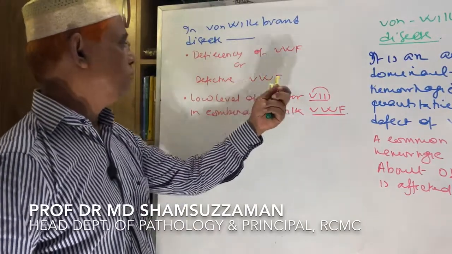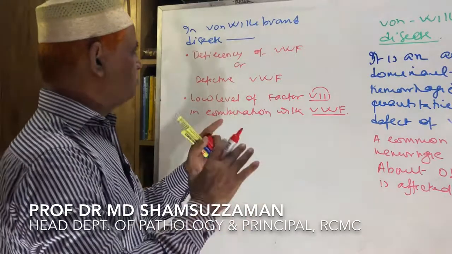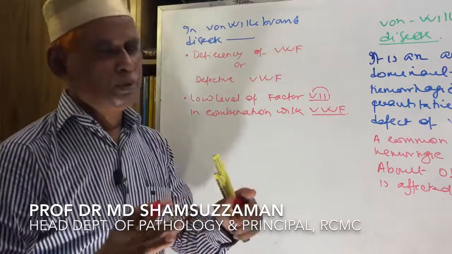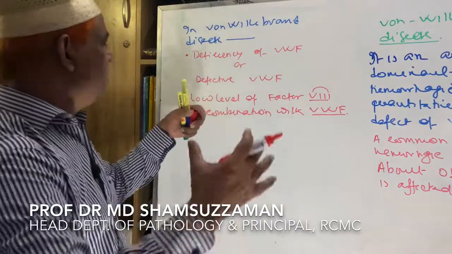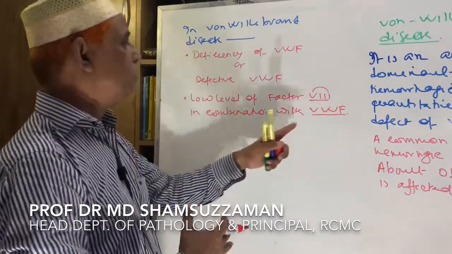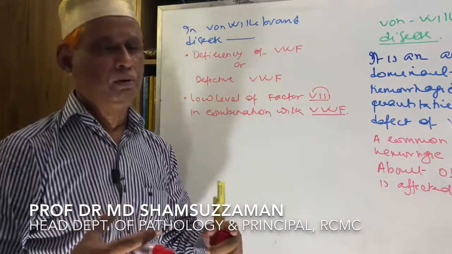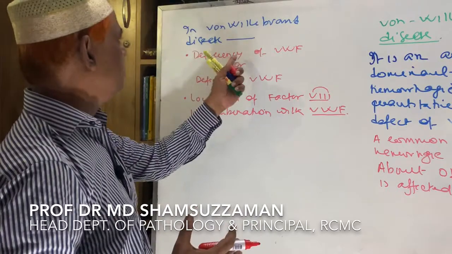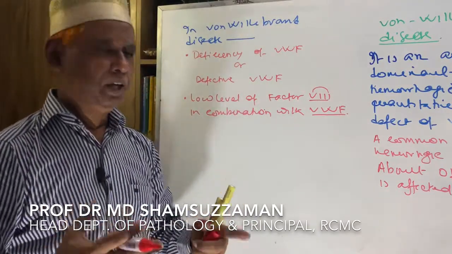or a defect of this factor. At the same time, the patient's plasma is sufficient with factor 8, but in combination with the von Willebrand factor, the factor is low, because this von Willebrand factor stabilizes factor 8.